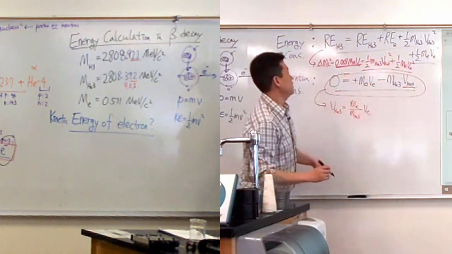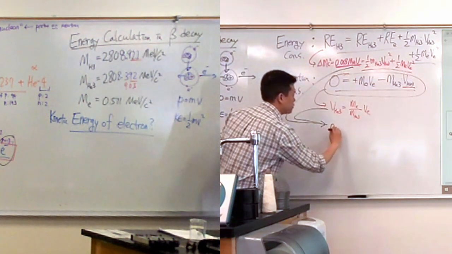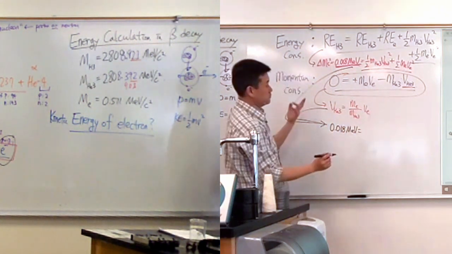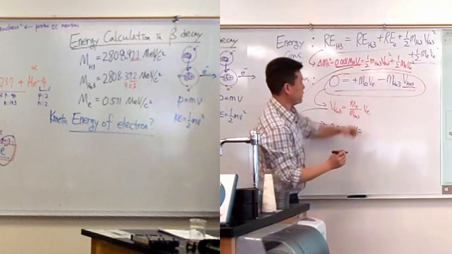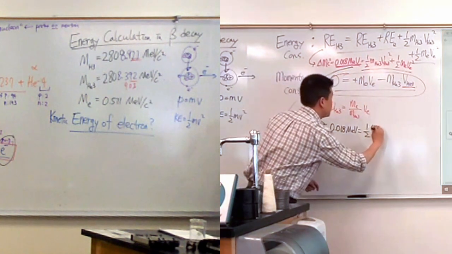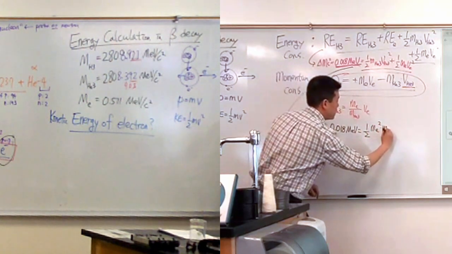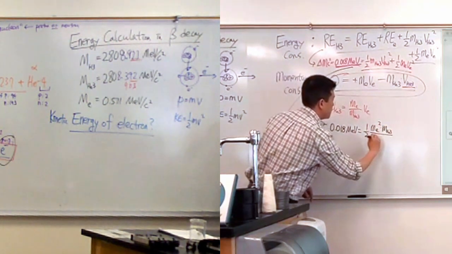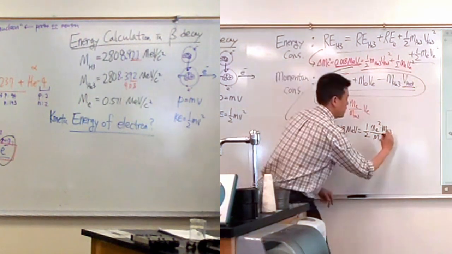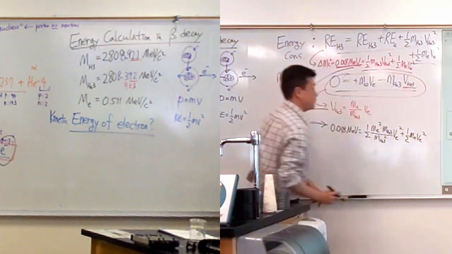Plug this in here. Then I still have this on the left side, 0.018 MeV, equal to, plugging this in and then squaring, 1/2 m_e squared over m_He3 times v_e squared, plus 1/2 m_e v_e squared.